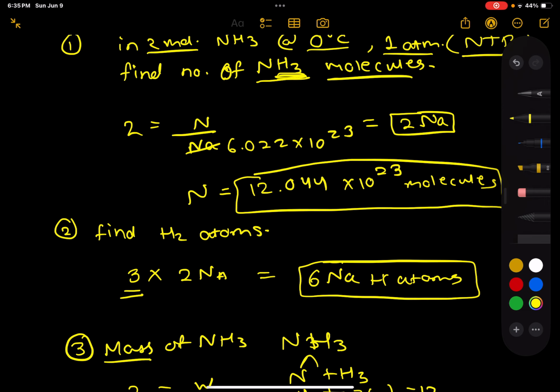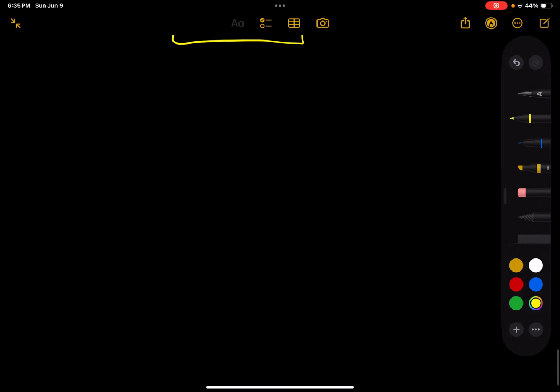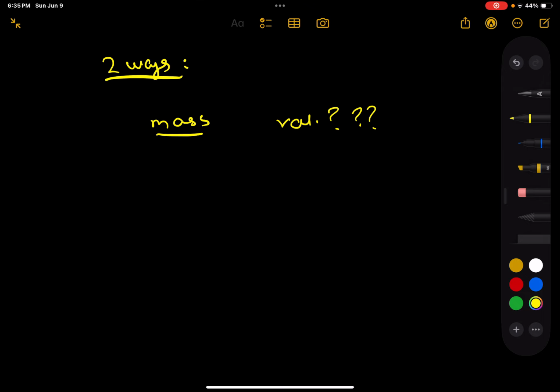So now let's practice some harder problems. Alright, so now we have a diagram over here, or we can draw it in two different ways. There are two ways in which we can interchange volume and mass, like find out different values. For example, if we're given mass and we are asked about volume, then what do we do in this case?